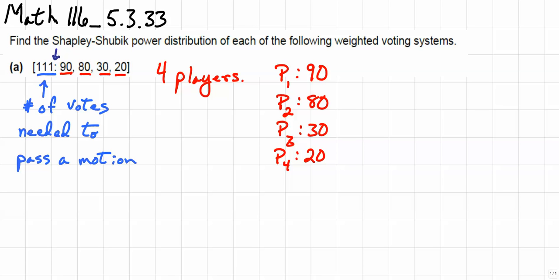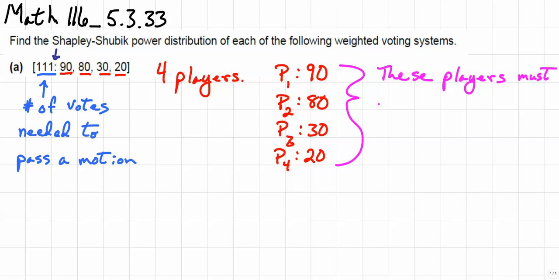Which means that these players must vote together to achieve 111 votes.